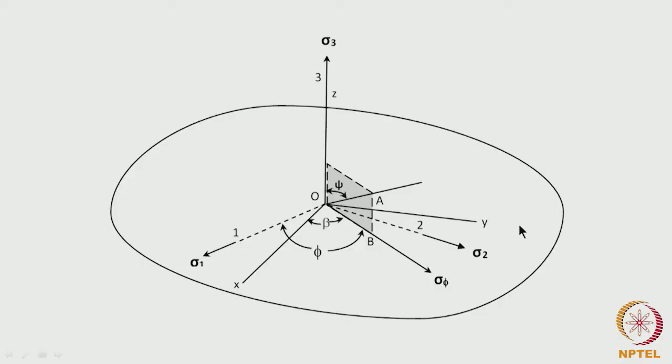Let us suppose that we have a free surface as shown over here, and the angular relationships between x, y, z and the direction 1 for sigma 1, 2 for sigma 2 and 3 for sigma 3 are all shown here.